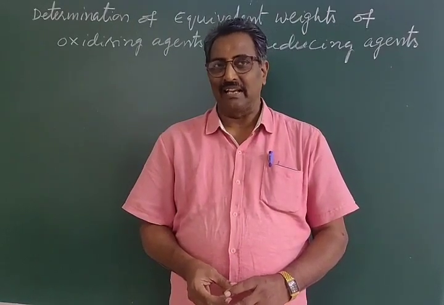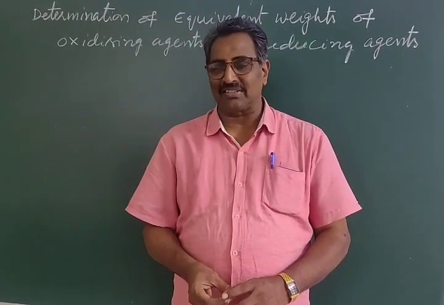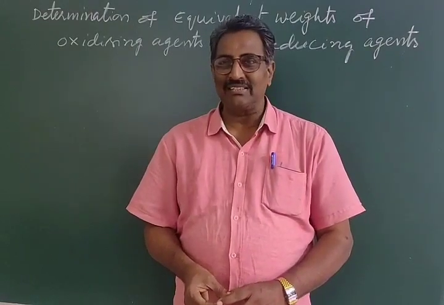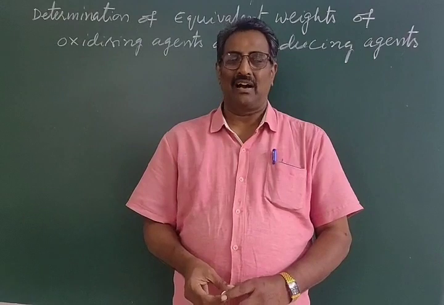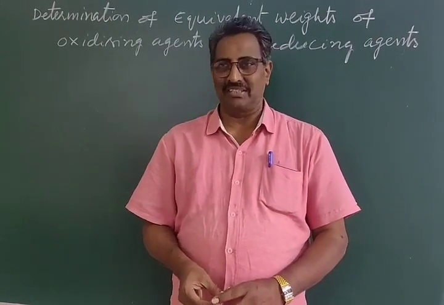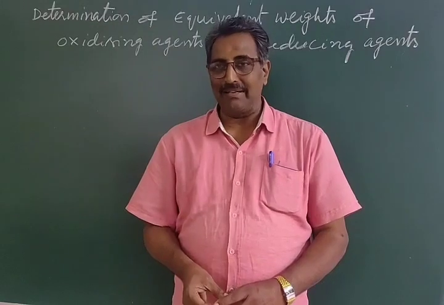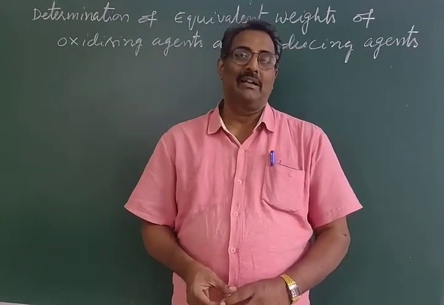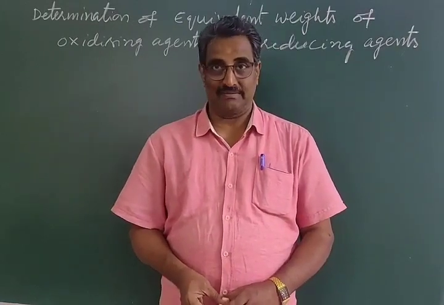Okay? The element which undergoes oxidation, that means the element which loses electrons or which gives up electrons, is said to be a reducing agent. The element which takes electrons is said to be an oxidizing agent.